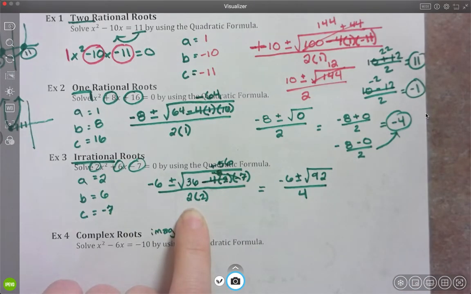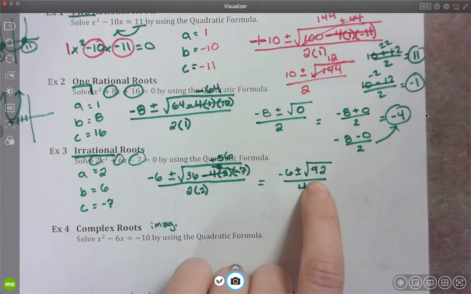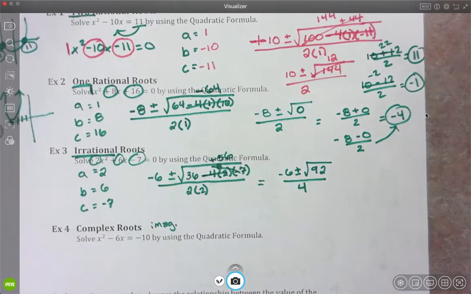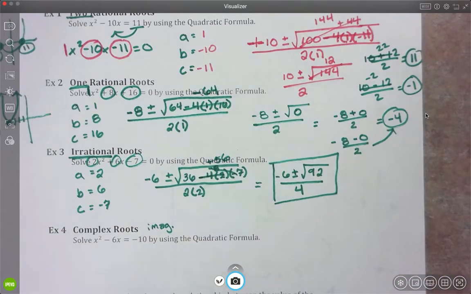Now, the square root of 92 does not come out nicely, but if we try, let me see if I can find my calculator here. The square root of 92, okay? Since it does not come out nicely, we're just going to leave our answer like this. Kind of like what we did with the completing the square. If it doesn't come out nicely, we just leave our answer. But just kind of think about how many answers are represented in that problem there, okay?